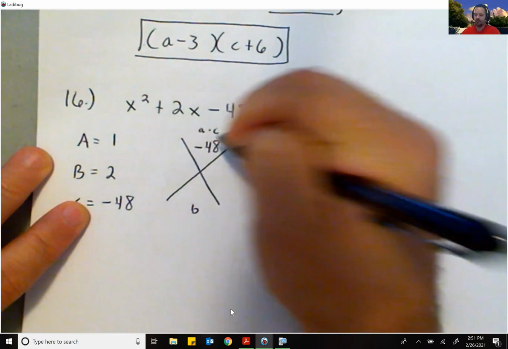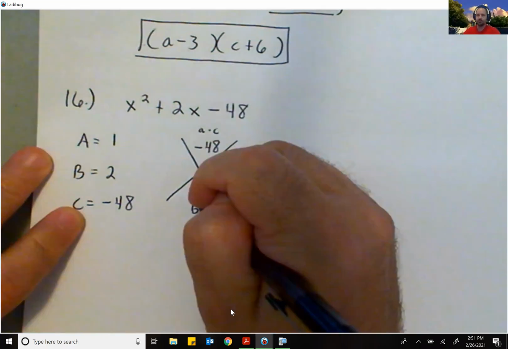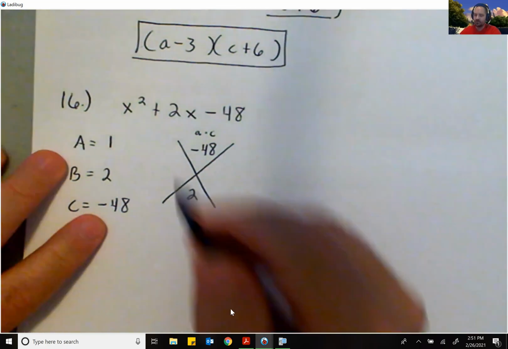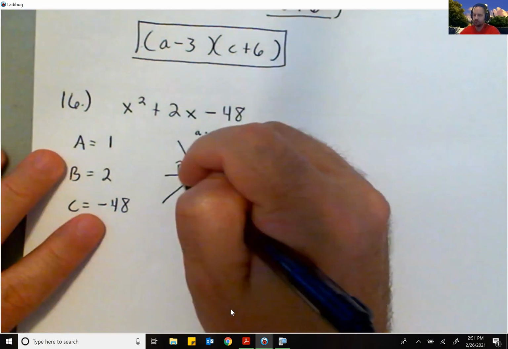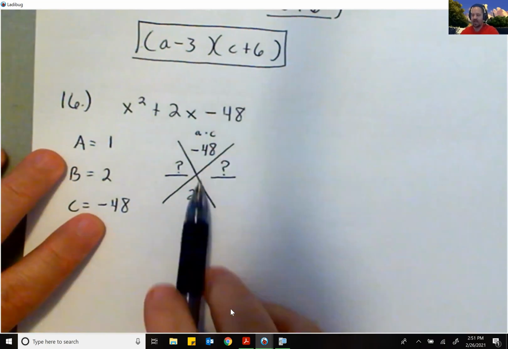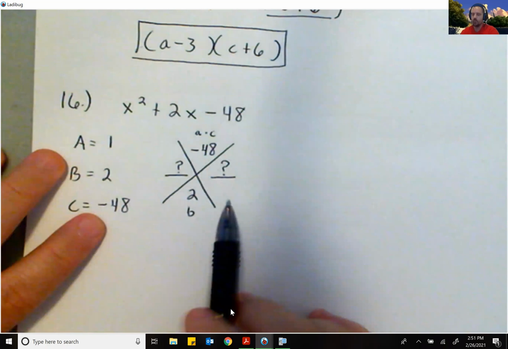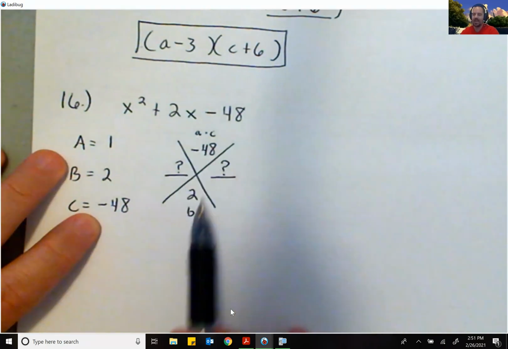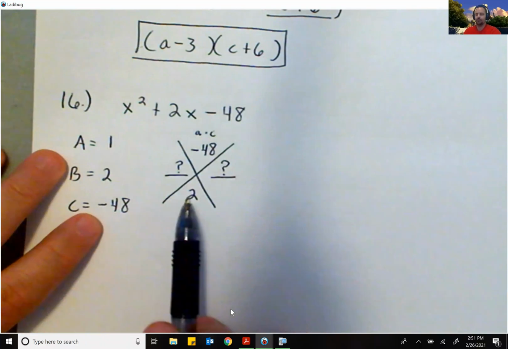And then down here, we're going to put the 2. We're looking for two values. The reason I call this the X games is because it's a game: we have to find two numbers that will multiply to the top, but add to the bottom.